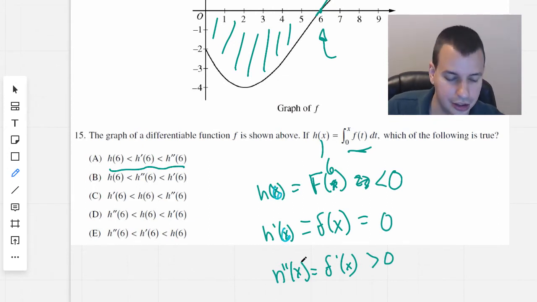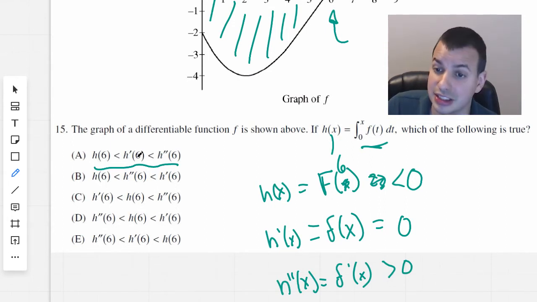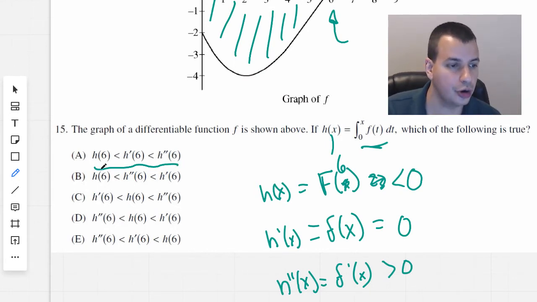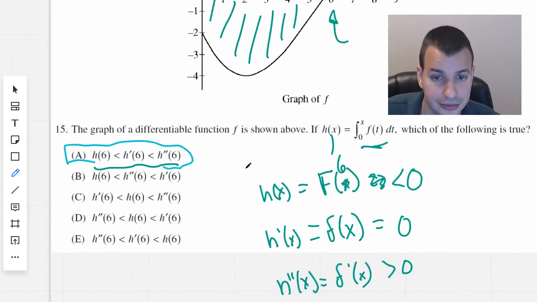No, not going to do that. That's just bad omen. So we have h of x at 6. This is less than 0, which is less than 0, which is less than something that's greater than 0. So right here, A is going to be true.